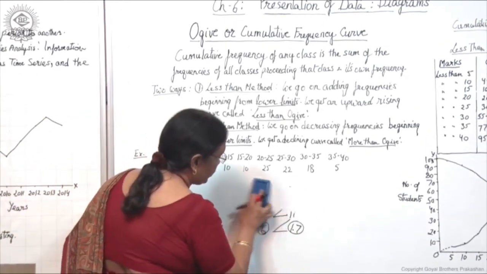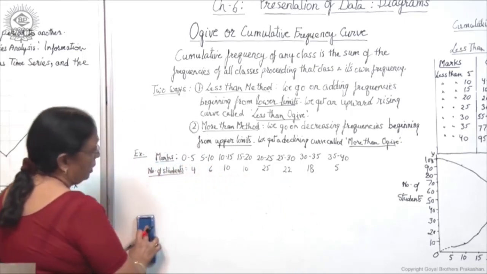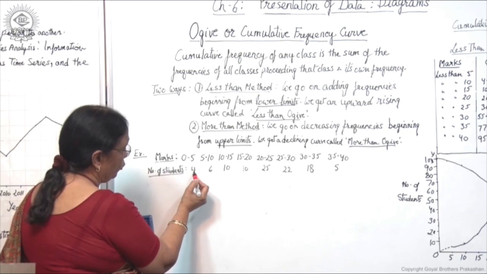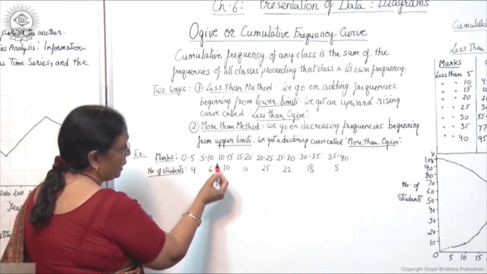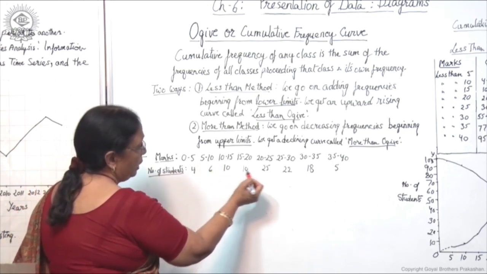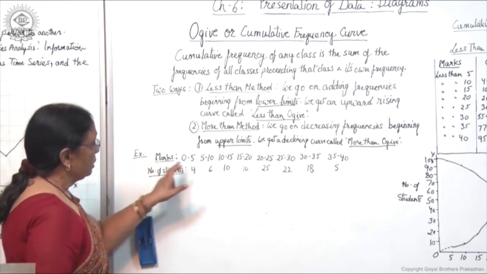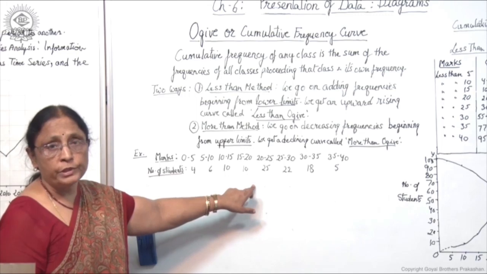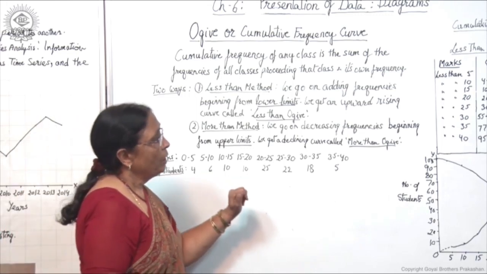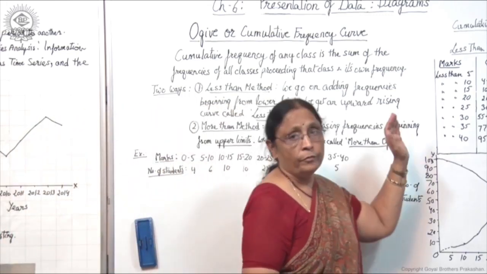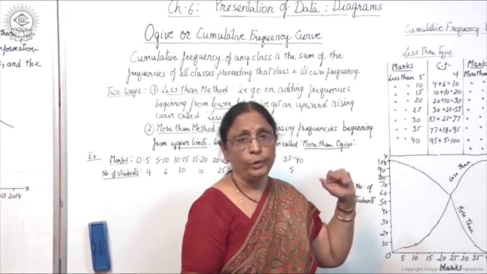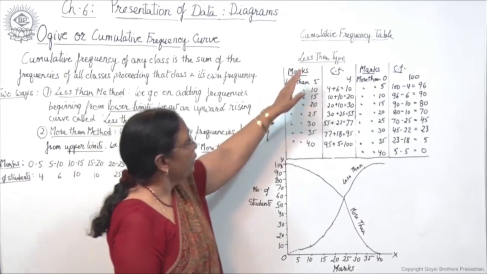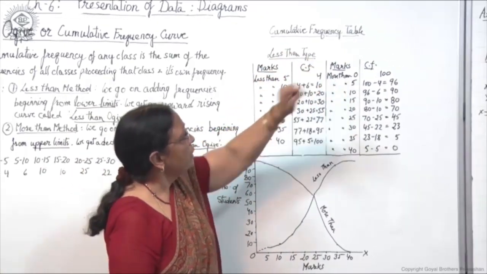I have taken an imaginary example here, marks. Suppose in the class interval 0 to 5 there are 4 children, 5 to 10 there are 6, 10 to 15 there are 10 and so on. This is the class interval of marks and this is the number of students in each class interval. Now for making the ogive or cumulative frequency curve, first we have to convert this data into a cumulative frequency table.